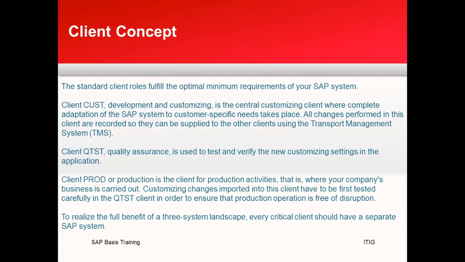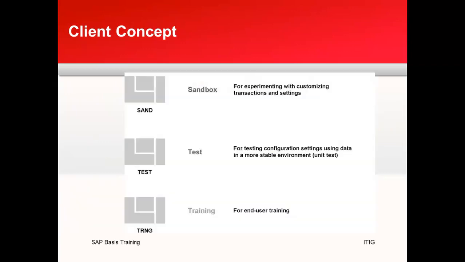Customizing changes imported into this client have to be tested carefully first in order to ensure that production operation is free of disruption. To realize the full benefit of a 3-system landscape, every critical client should have a separate SAP system. So these are the other clients, like sandbox, test and training.